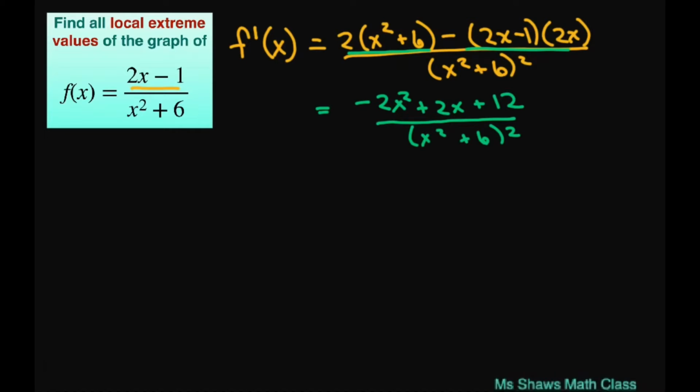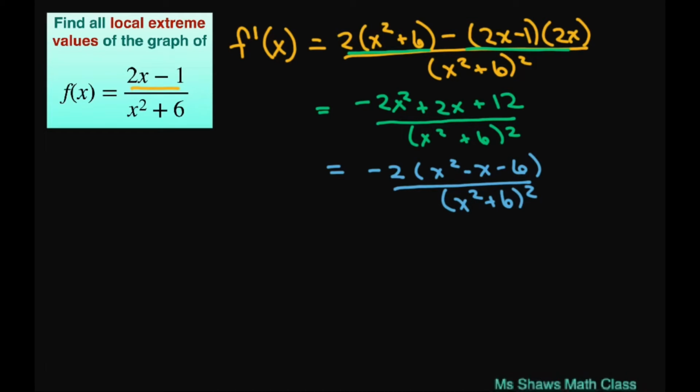Now let's factor out negative 2. If I factor a negative 2, I get x squared minus x minus 6. I almost forgot how to factor. Divided by (x squared plus 6) squared.